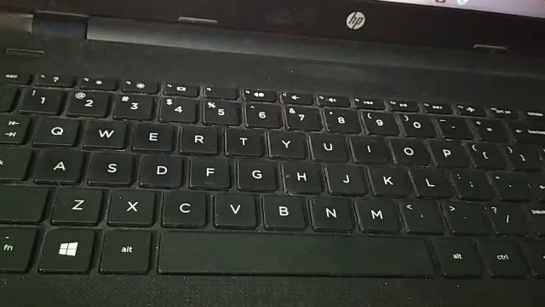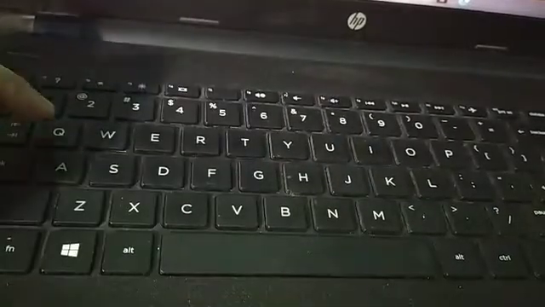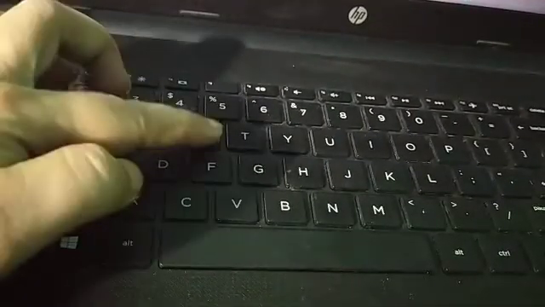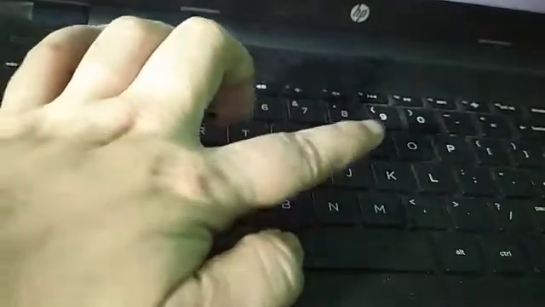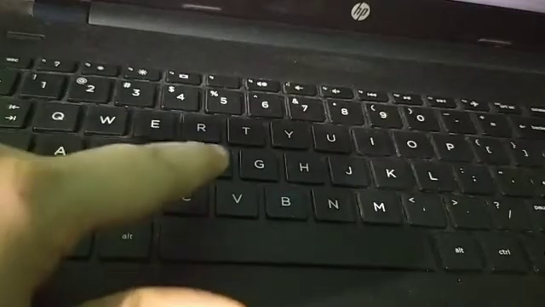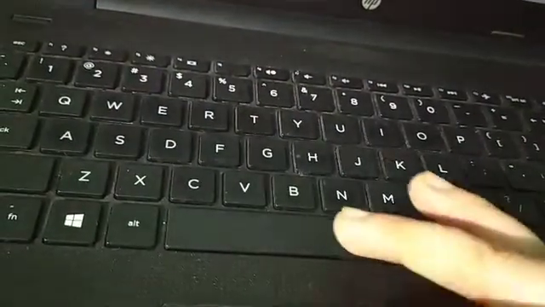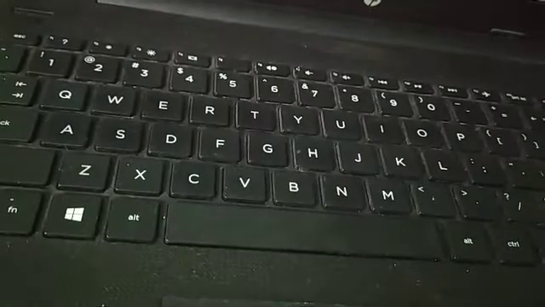First of all, in your book it is given alphabet keys. In the first row I am showing you Q, W, E, R, T, Y, U, I, O, P. Then the next row A, S, D, F, G, H, J, K, L. And the last row is Z, X, C, V, B and M. So these are alphabet keys.